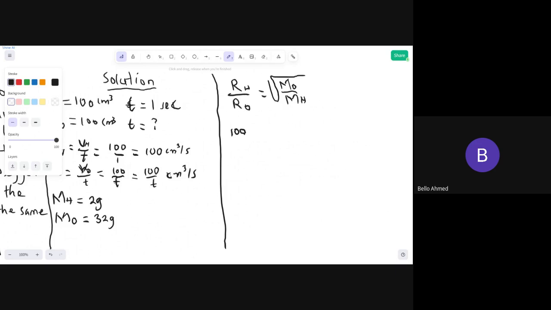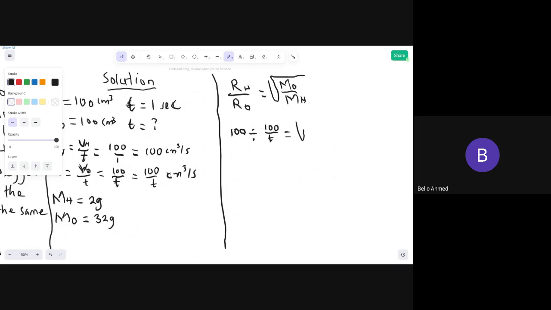Then divided by, and I would love to use this type of division so that it doesn't get too long, the rate of diffusion of oxygen, which is 100 divided by T. Because we are looking for the time for the same volume of oxygen to diffuse, and that is the time in our formula.